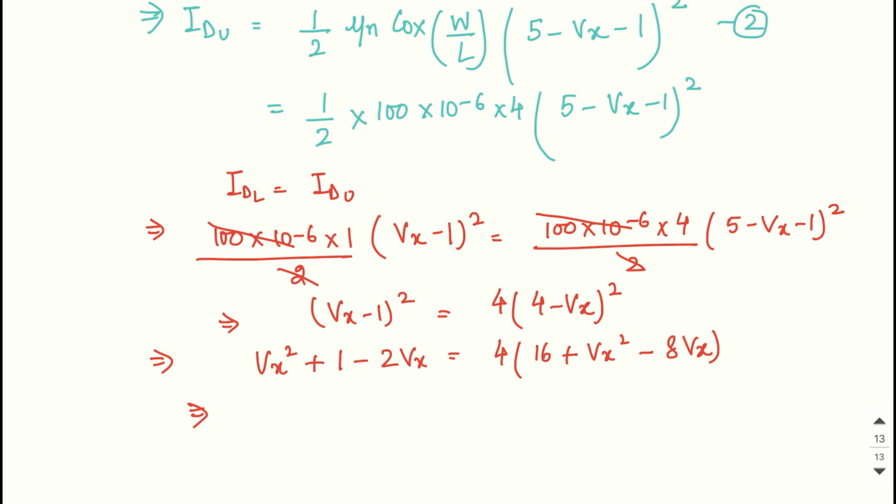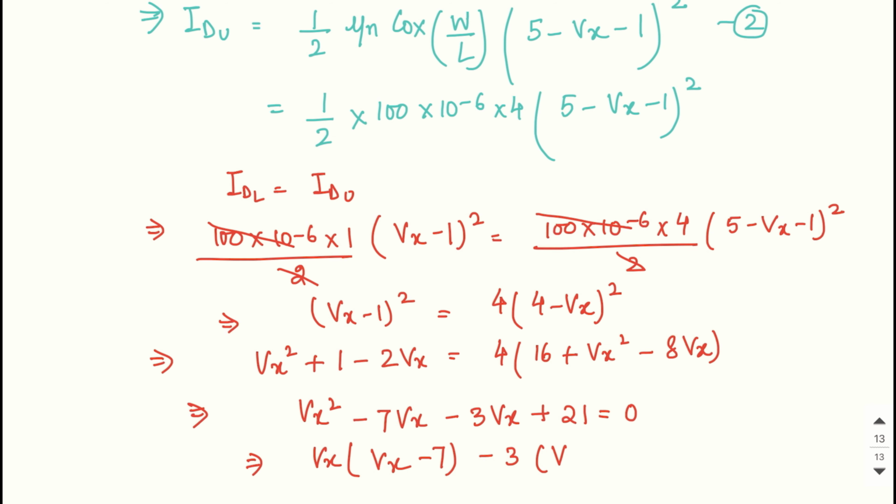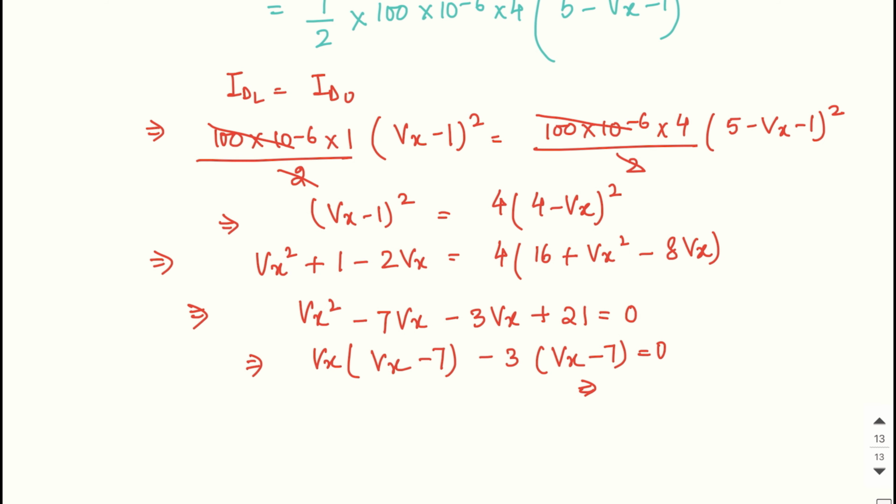Once you solve it, you will get the equation Vx square minus 7Vx minus 3Vx plus 21 is equal to 0. This is what will happen when you perform the splitting of the middle term. With this equation, we can have the two roots. The possible values for Vx could be either Vx is equal to 7 volt or Vx is equal to 3 volt.